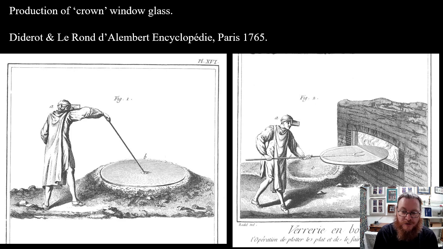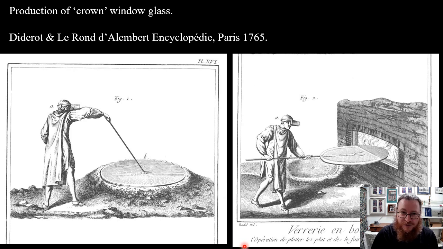So then the process of annealing the glass begins. And the glass is laid down on what is described by Diderot as a pelote of glass, which is a layer of pressed and compacted sand, and the crown is laid onto that to settle, and then the blowpipe is removed, and you can see that's occurring here now in this left-hand illustration.